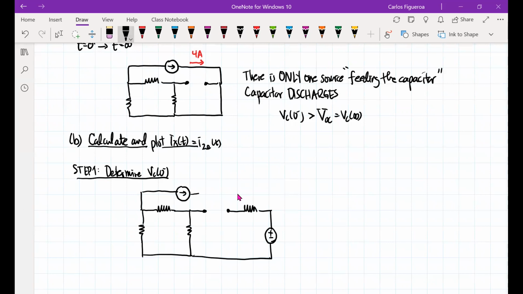And then this guy's going to come right here. So now let's start putting in my values. This is a 4, this is a 2, this is a 2, this is a 2, this is 4 volt, and then this is my 4 amp source right there.